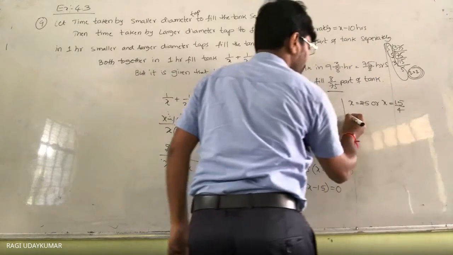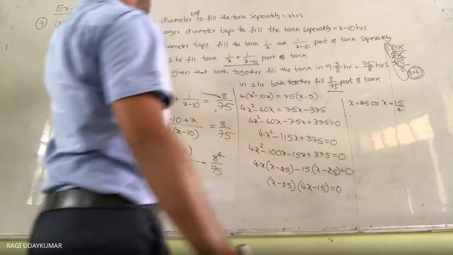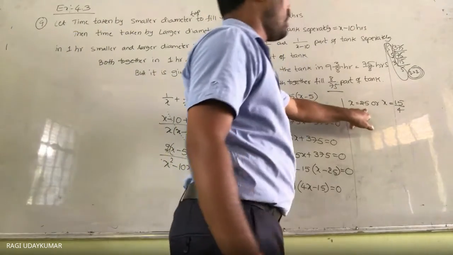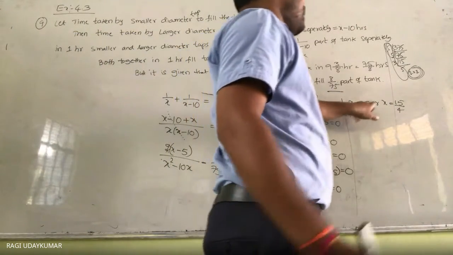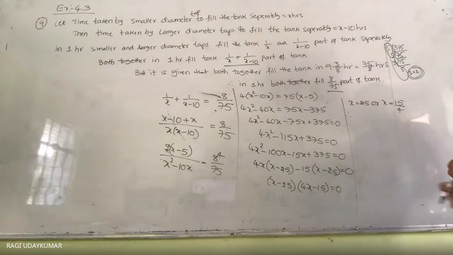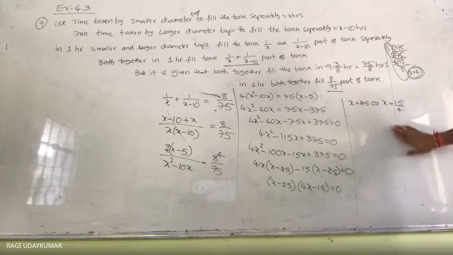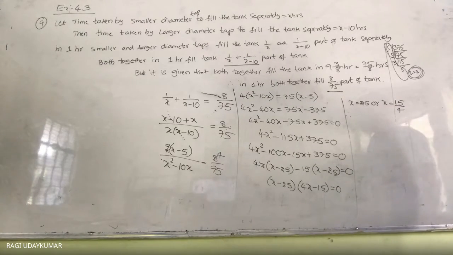15 by 4. Therefore, the smaller diameter tap will take 25 hours if you are taking this. But why not 15 by 4 hours? Can anyone tell? Is 15 by 4 hours possible? Only 25 is the correct answer in this situation. Can anyone tell? Yes, sir, I can tell.